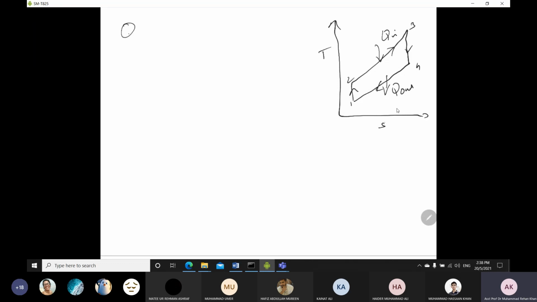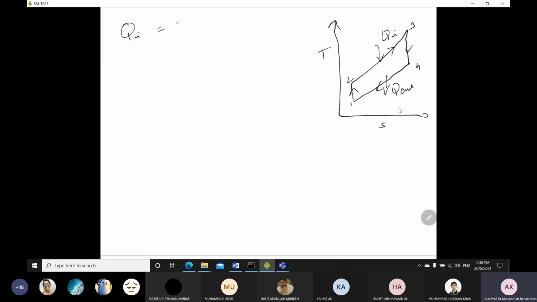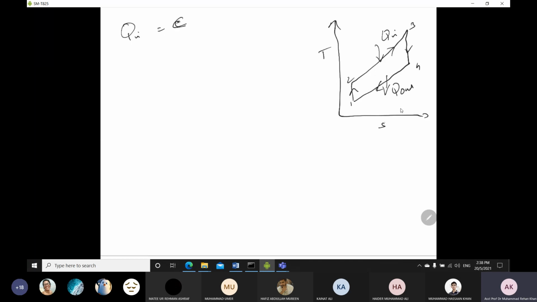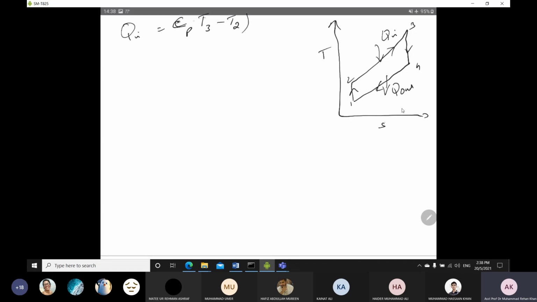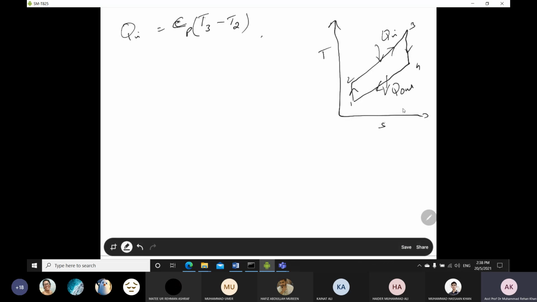So for the process Q in, which is from 2 to 3, it will be equal to Cp T3 minus T2, because it is at constant pressure.